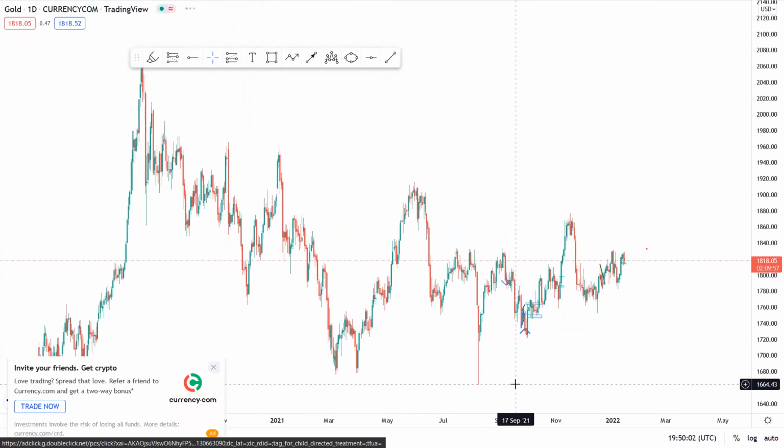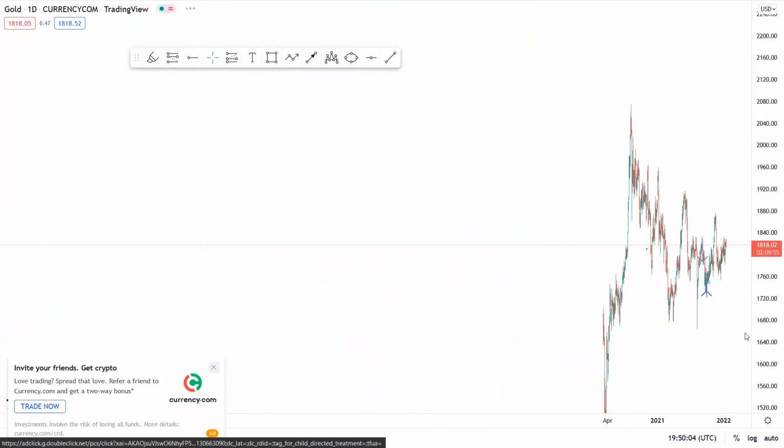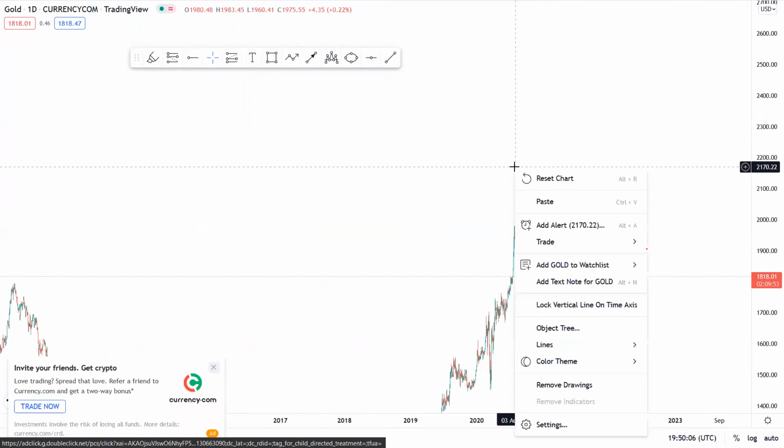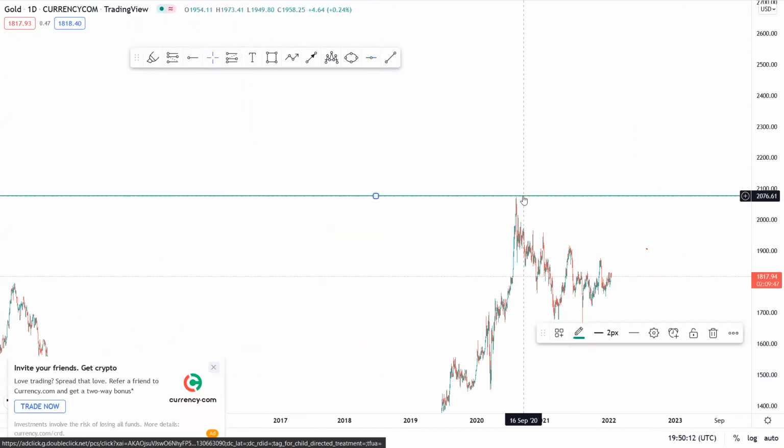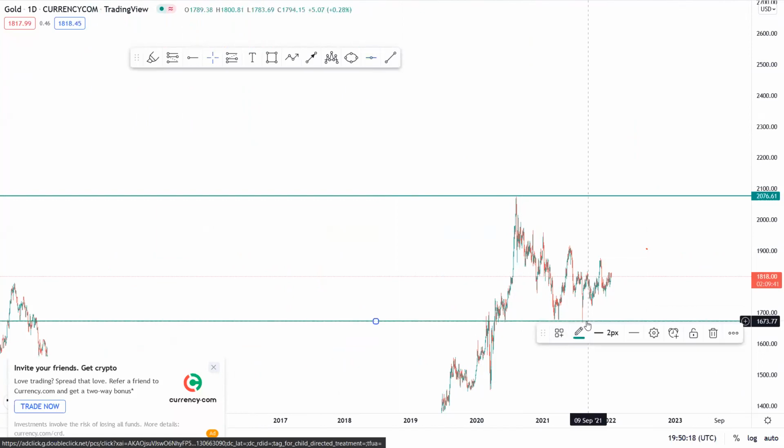So what you do here, you create a higher one. And then the lower one.